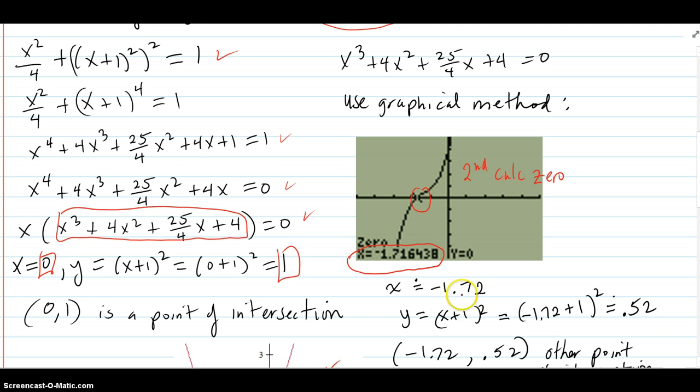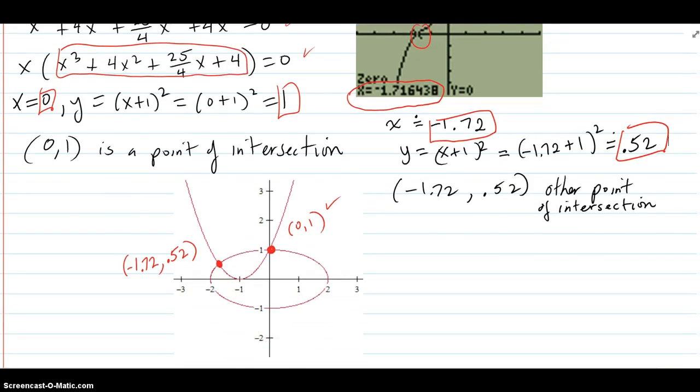Okay, and I just rounded that off to -1.72, plugged it back into the y of one of the equations, a simpler one, and got 0.52. So here's your intersection point. So we have 0, 1 and -1.72, 0.52, which when you look on the curve here, that's exactly where it looks like they should be.